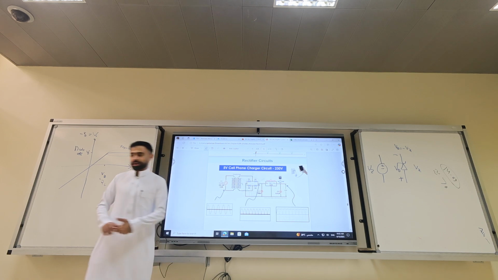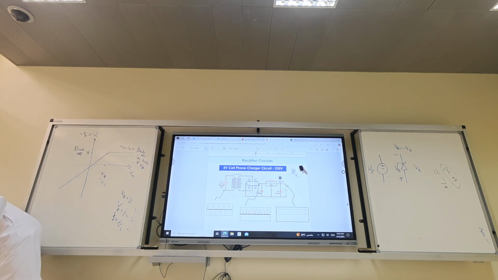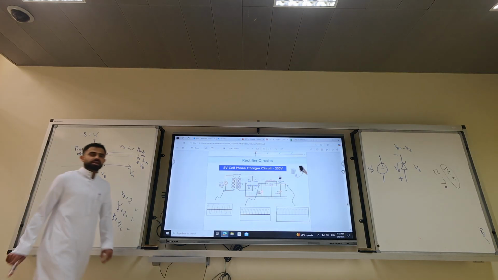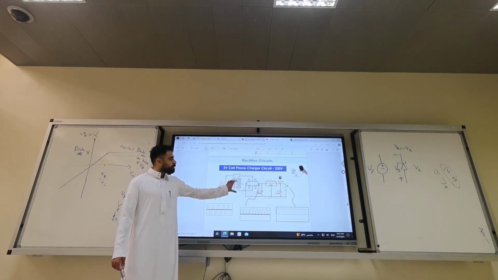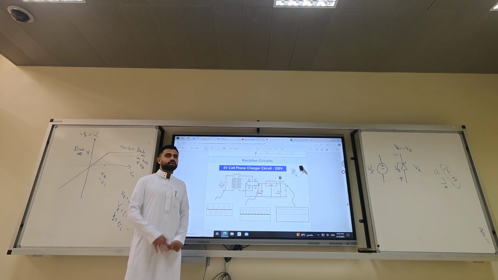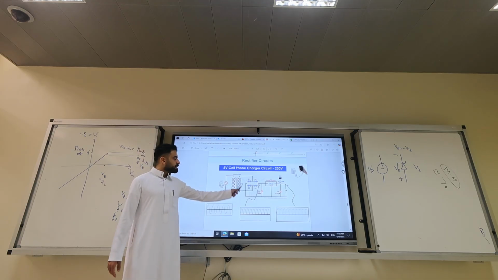So how much voltage do you get here? This is 220, standard, so let's say we get 220. Put it in the transformer. What's the voltage here? 5. Is it AC or DC here before the rectifier? AC.